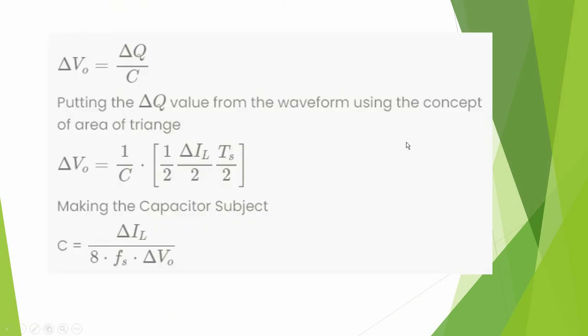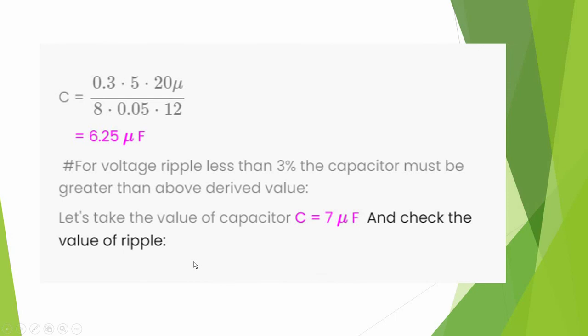After putting the values, we get the equation like that, and making the capacitor the subject to find out the value of the capacitor. We have delta IL, switching frequency, and voltage output ripple. After putting the value of all the data, we can find out the capacitor value, which is 6.25 microfarad.